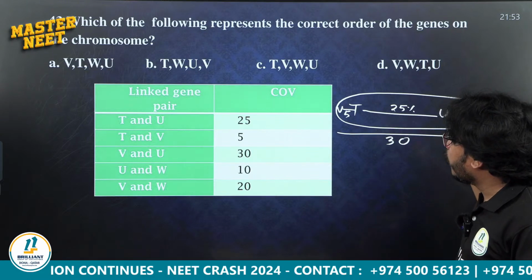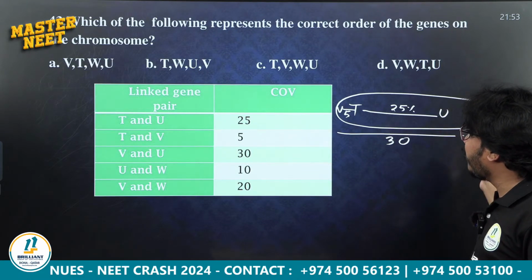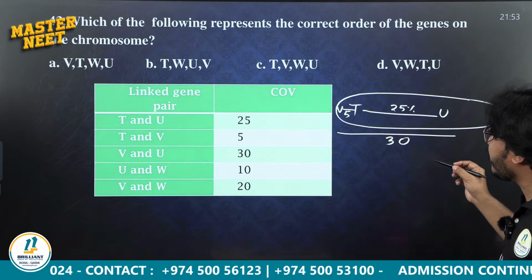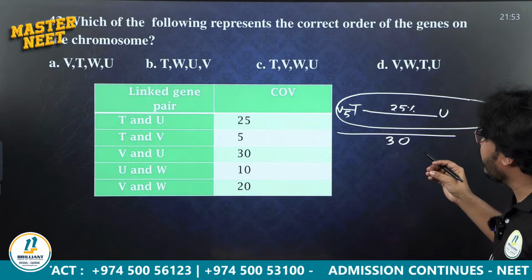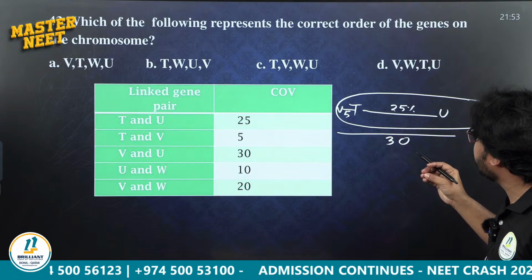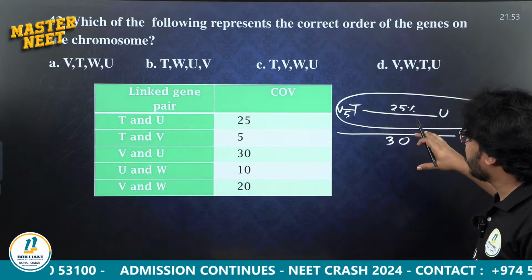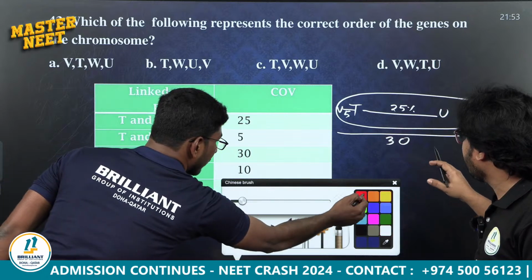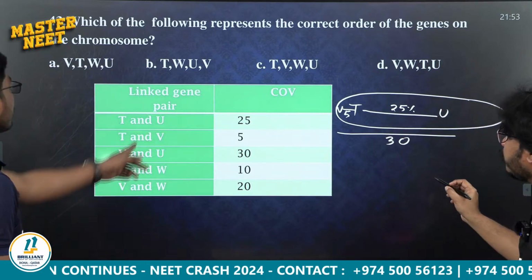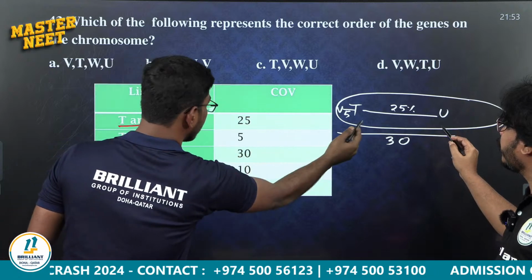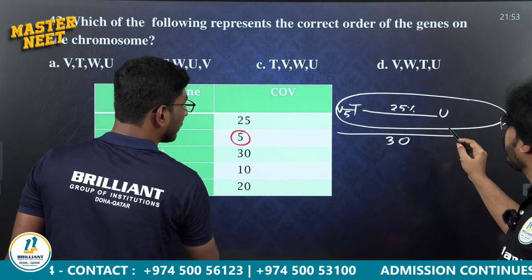And U and W will be 20. V and W, how much will it be? Just check the linkage here. TU is 25, TV is 5 only, which means they are very close.